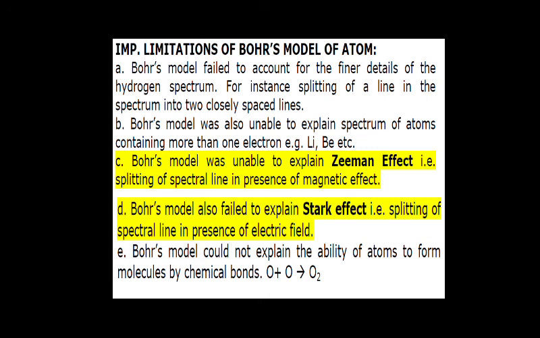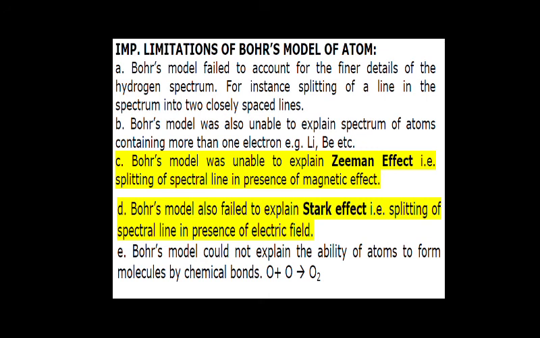In between those spectral lines, a few finer lines were also found in the Lyman and Balmer series. The Bohr model was unable to explain why those finer lines appeared in the Lyman, Balmer or Paschen series. So this was a limitation.